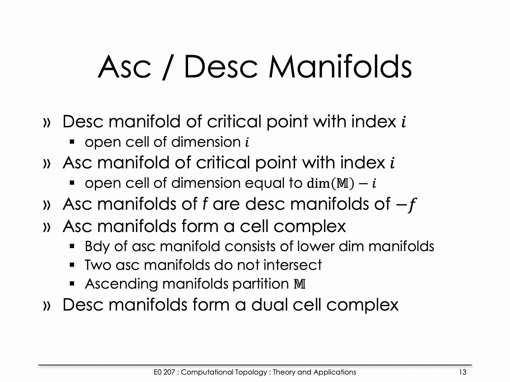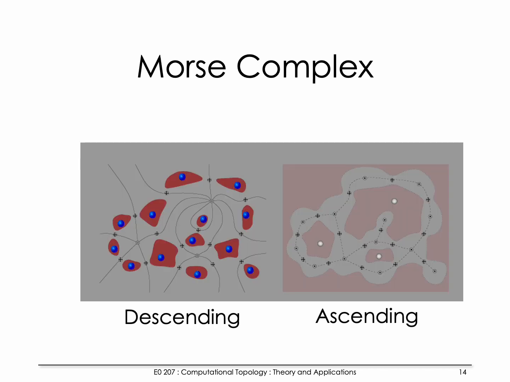Similarly, the descending manifolds also form a cell complex. This is a dual cell complex, and they also partition M, right? So this is how the cell complex looks.